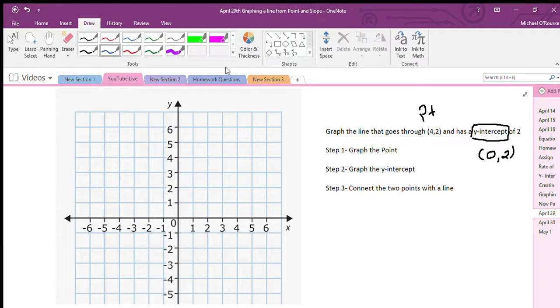So do exactly the same thing. Graph the point 4, 2, over 4, up 2. Then we graph the y-intercept. The y-intercept is just where it crosses the y-axis, so it's going to be here. Then last thing we do is draw a line.